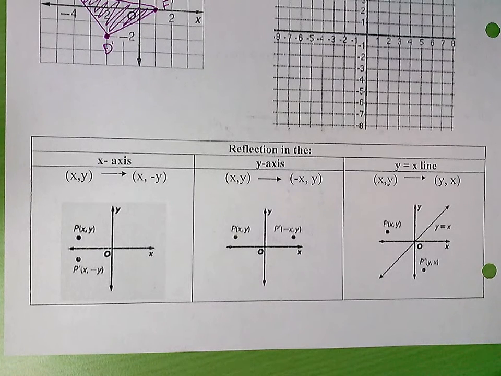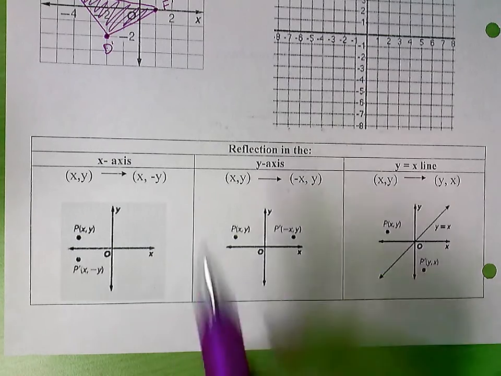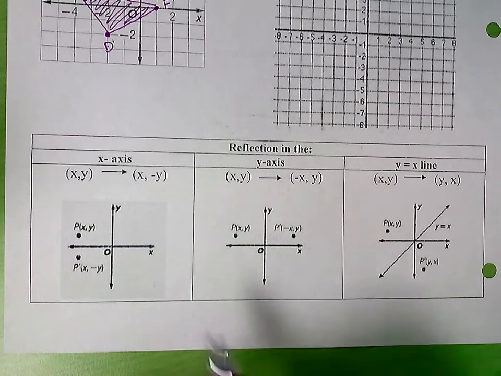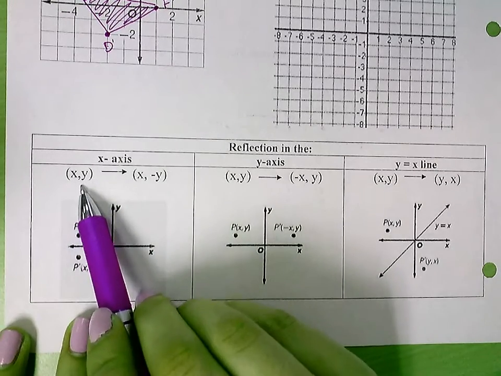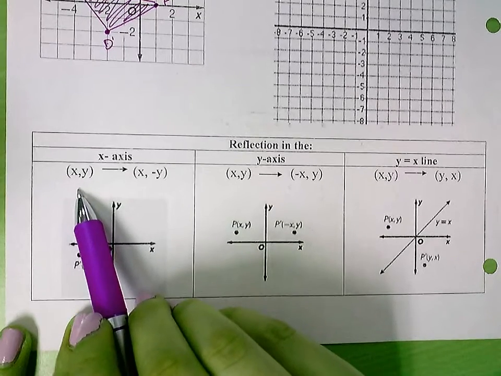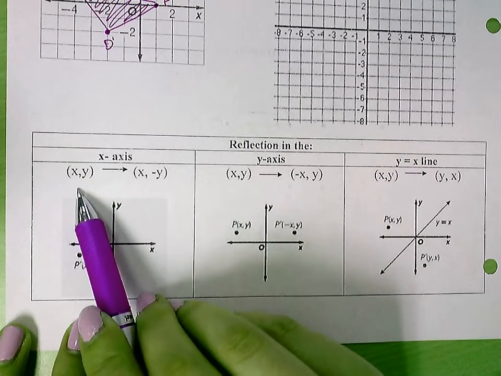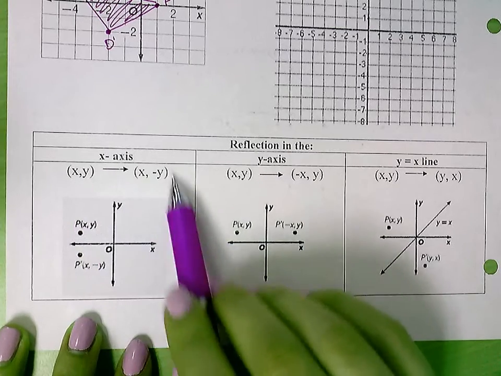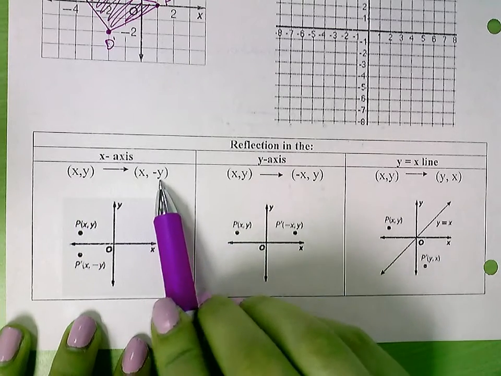So here are reflection types. If you're reflecting in the x-axis, this point right here is your pre-image point, so your original. How you change your original is you just take the opposite of y.